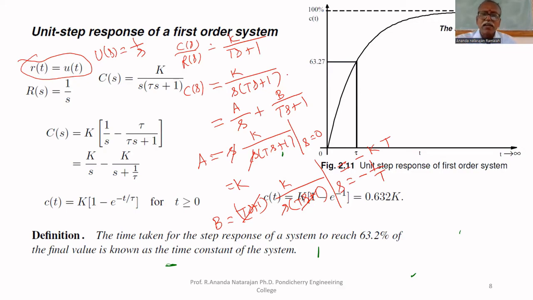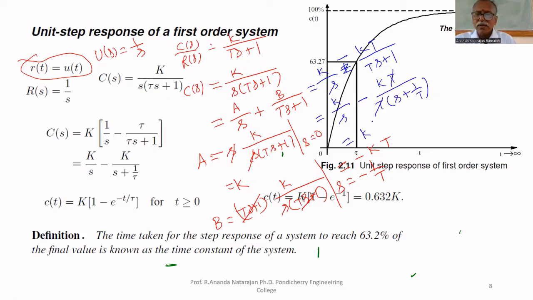So we got A and B values. A equal to K, and B equal to minus K tau. So C of s equals K upon s minus K tau upon tau s plus 1. Now we can find the Laplace inverse. To find the Laplace inverse, we have to write it in pole zero form. Therefore, if you take tau outside, you will get s plus 1 by tau.